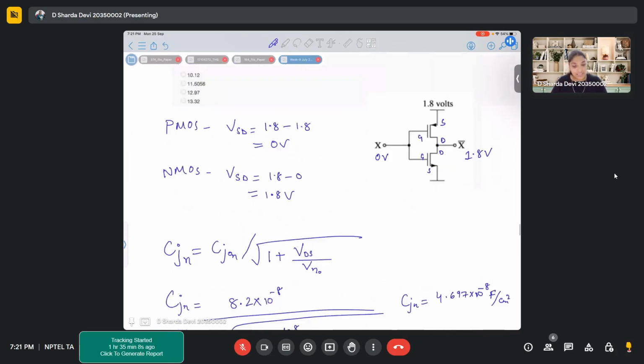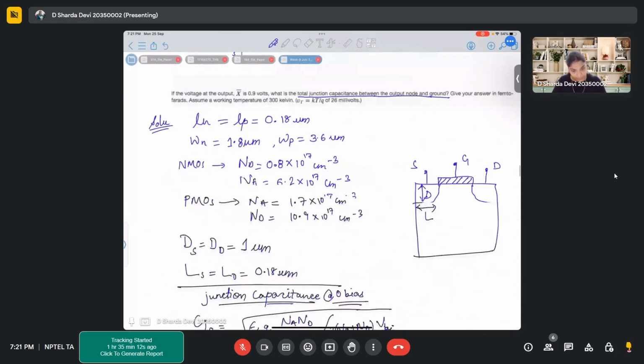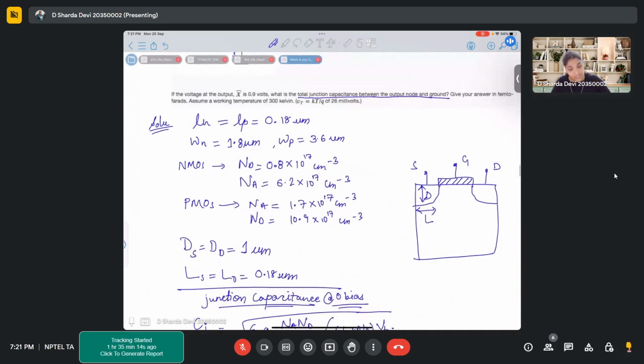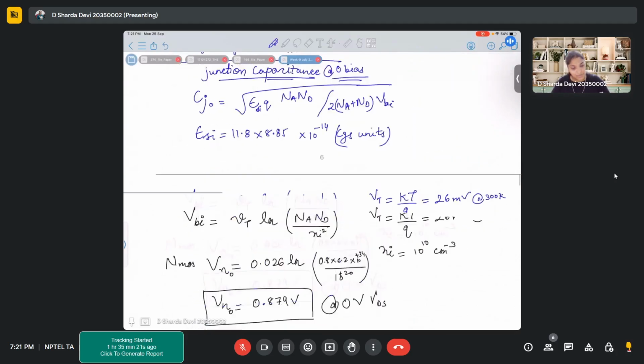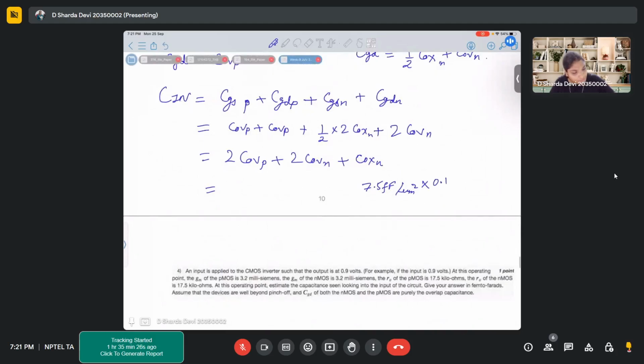Length of the device was 0.18 micro, and width of NMOS was 1.8 micro. So it is 0.18 micro into 1.8 micrometers plus overlap area. Overlap area is the overlap length into width of your transistor.